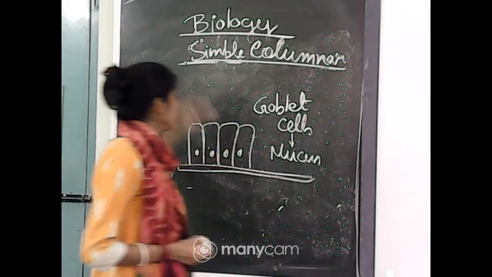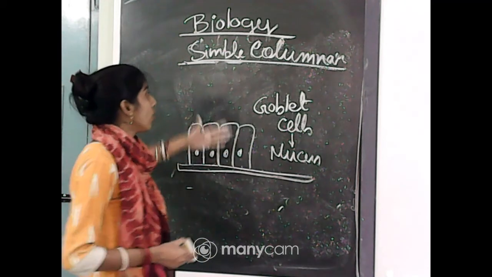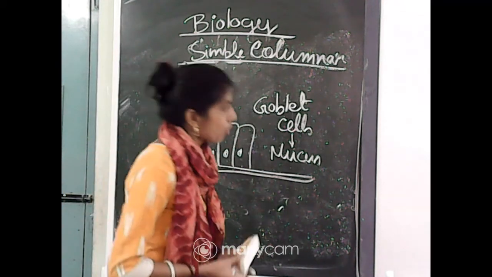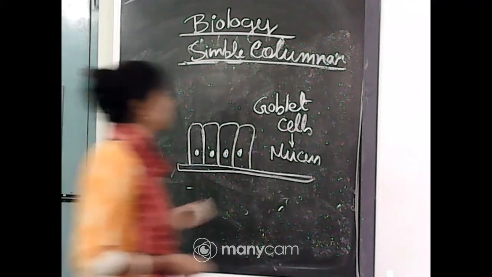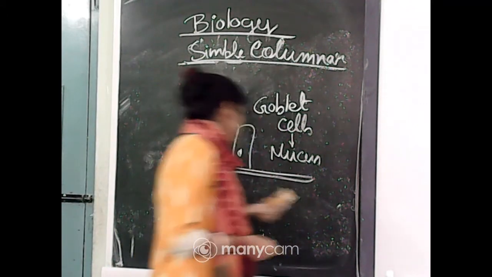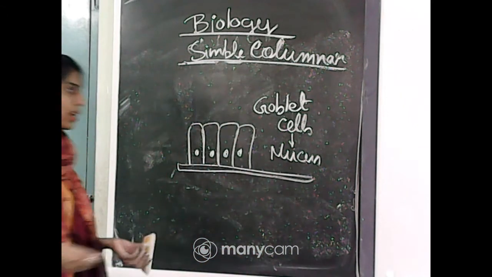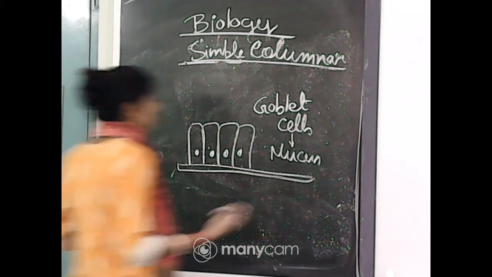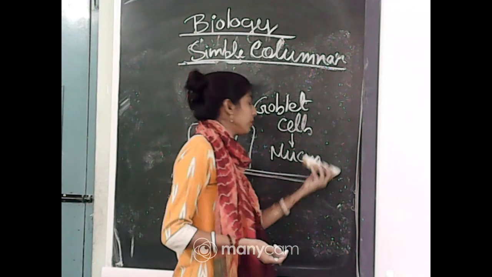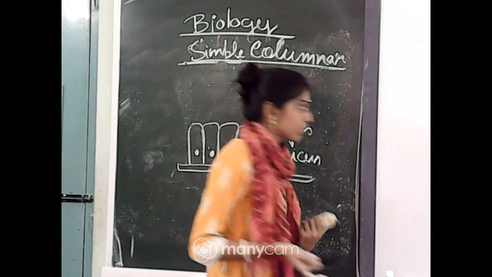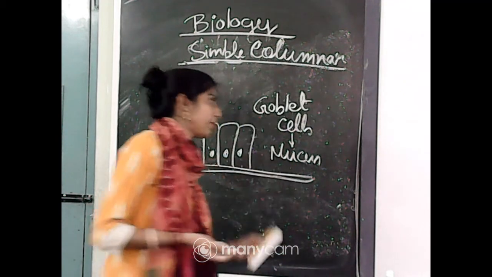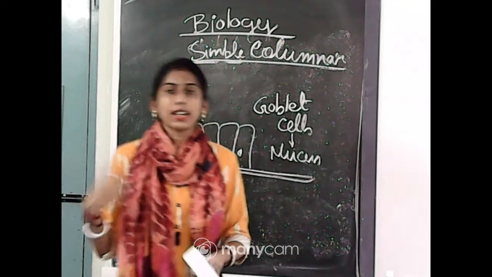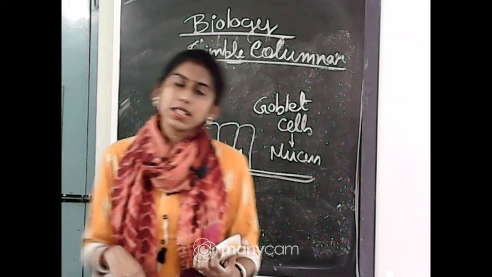From those goblet cells, mucus will be secreted. Okay, where will it be present? It will be present where we get mucus, because in the inner lining of the stomach these types of tissues can be present, because in that place mucus must be secreted.